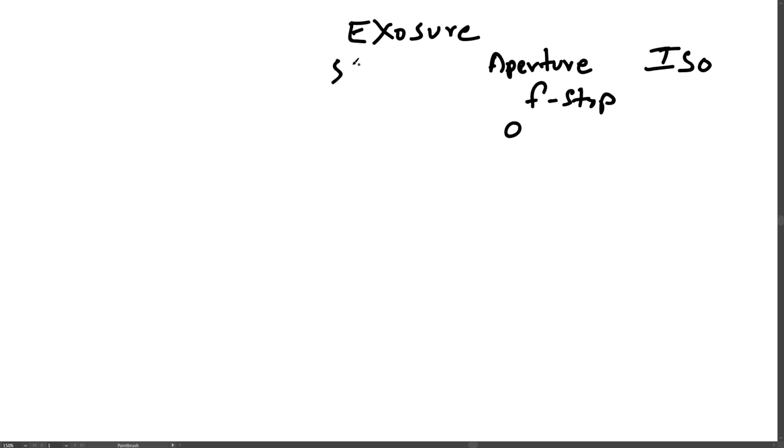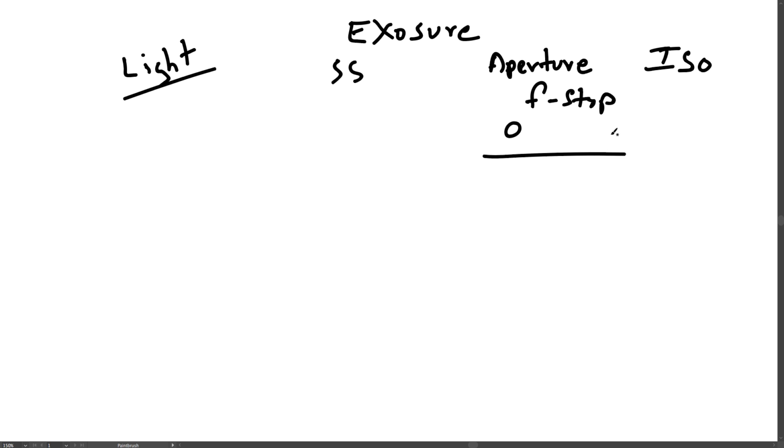There's the shutter speed, which is a door that opens and closes in front of the aperture, and when it's open it allows light to gain access to the camera and to the sensor ultimately. And then finally we said light itself, and of course we need light in order to take a photograph, because that's what we're photographing, the light and how that light interacts with the subject matter.